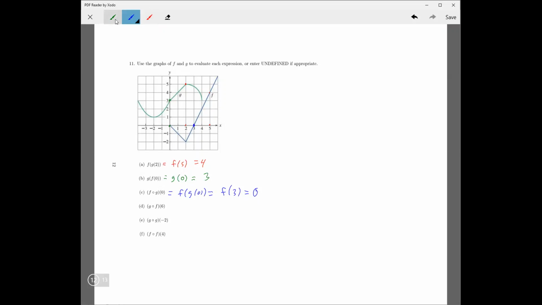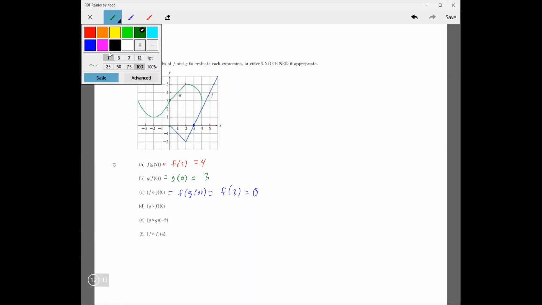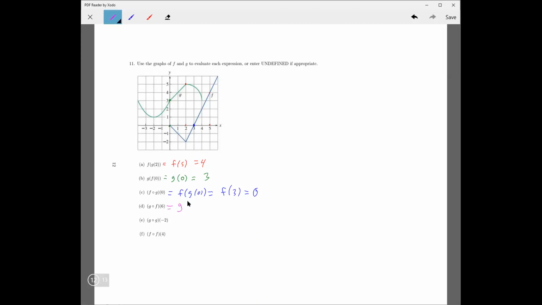Then we have this one right here, g of f of 6. So here we come over to 6, and we're up here, right? This is 6. Then we come back over to 6 again, and g is not anywhere to be found. So this is undefined.